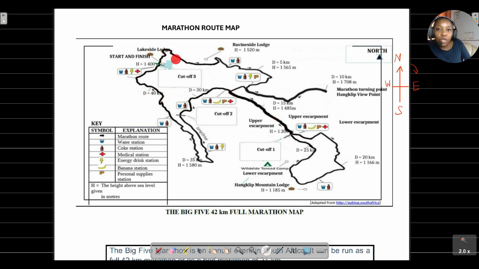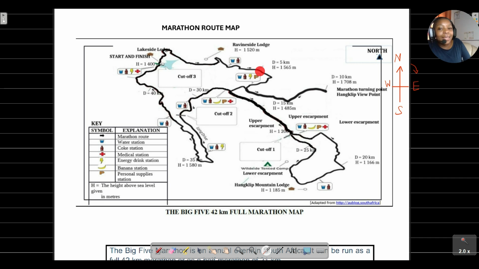Then you continue along this route, and you've got a water and Coke station there. Then you're continuing, and from the start point to this point, the participants have run 5 kilometers.